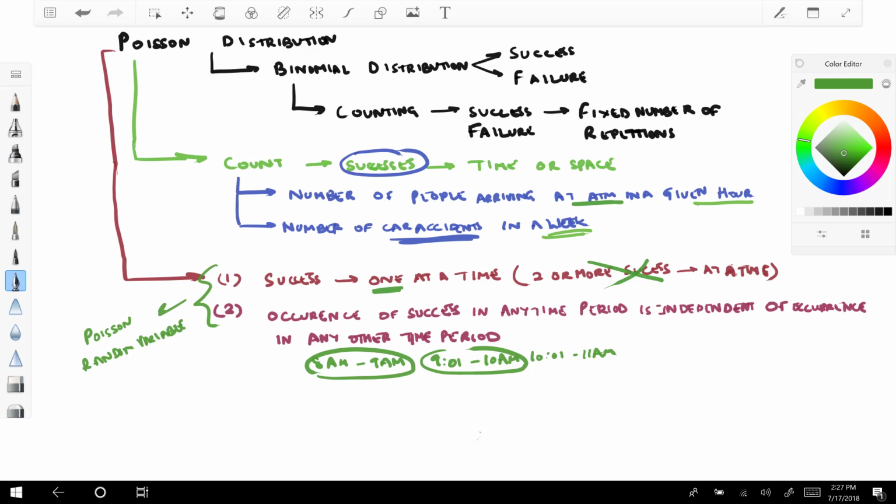If we have a Poisson random variable, that means we will have a Poisson probability distribution function.